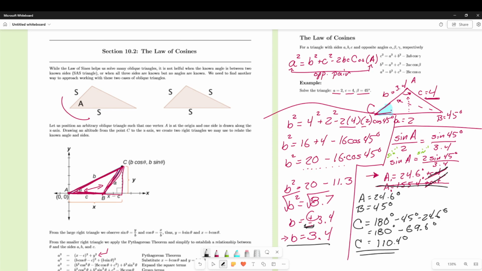So if we'd have found C first using law of sines, we'd have gotten what, 79.6 degrees for C if we used the sine inverse, and would have had to have remembered we also got 110.4. And we'd have to choose the obtuse angle for some reason.